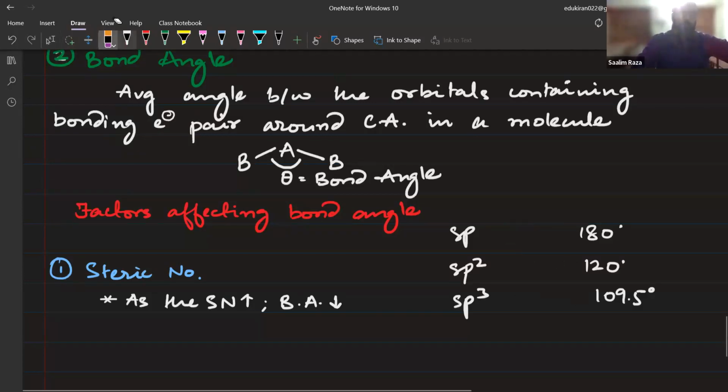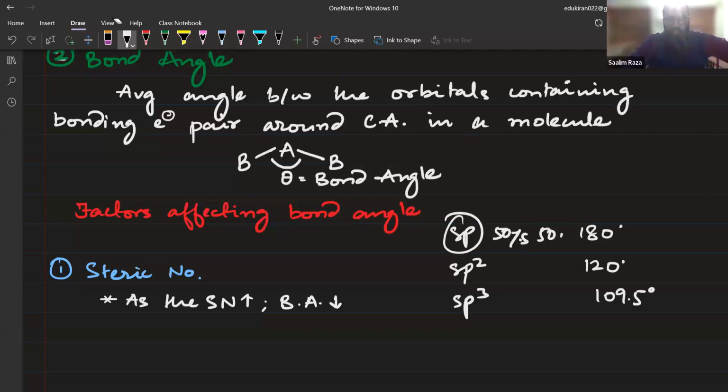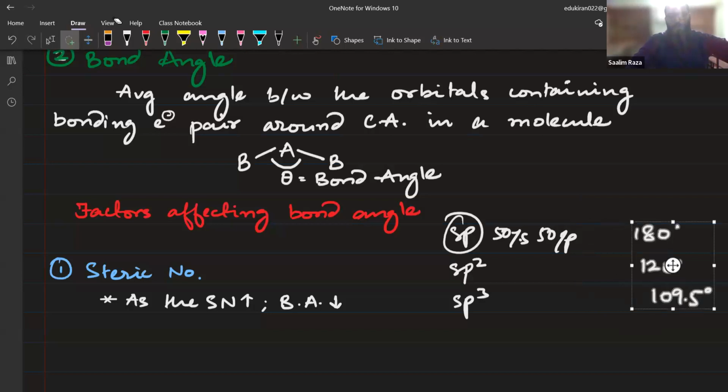When we have sp hybridization, this hybrid orbital will have 50% s character and 50% p character. Is that clear? Sp is made up of s and p, one s and one p, so obviously it has 50% s character and 50% p character.